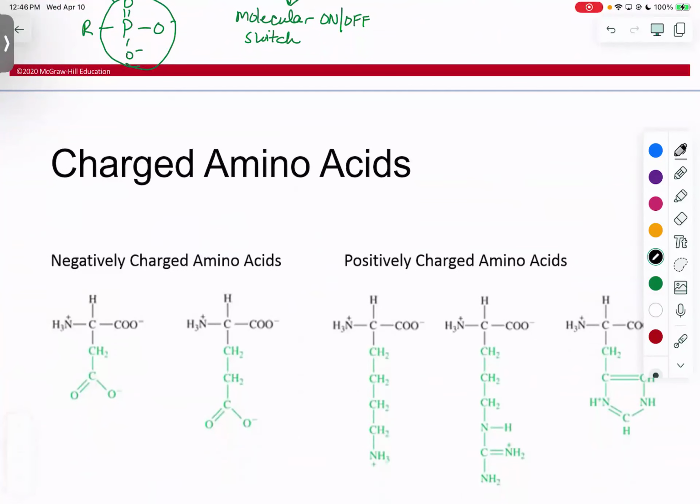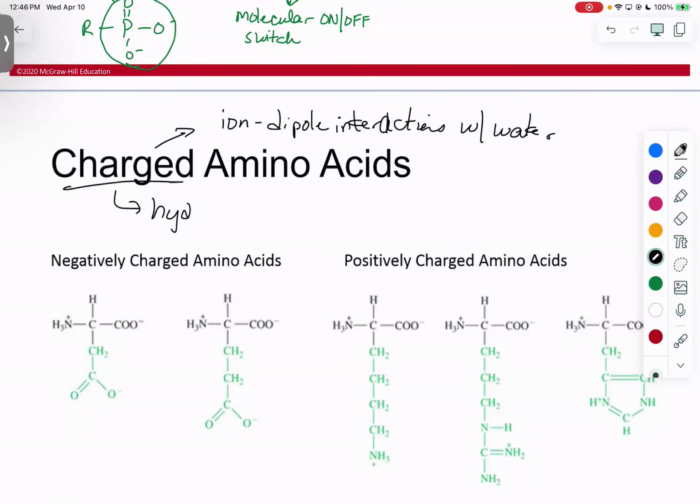Then you have the charged amino acids. Are they still water loving? If they're charged amino acids, I could have ion-dipole interactions with water, right? So that means that my charged amino acids are also hydrophilic, right?